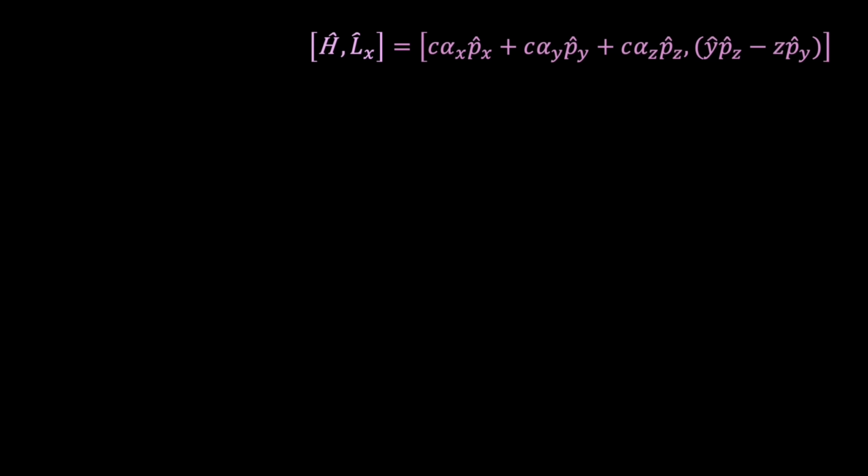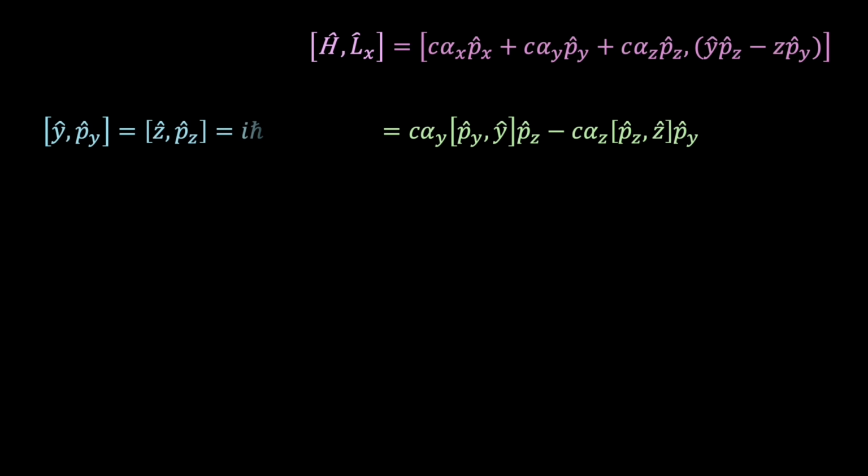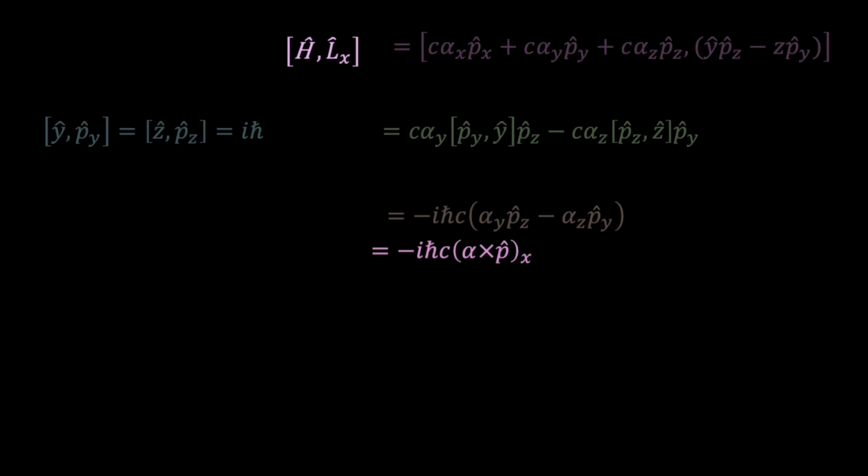If we then perform the commutation on the right-hand side, we find that the only non-zero terms are those involving the commutator between p_y and y and p_z and z, and we can then rely on the well-known position-momentum commutation relation from non-relativistic quantum mechanics to simplify, and we end up with the following compact result involving the x component of the cross product between alpha and p.